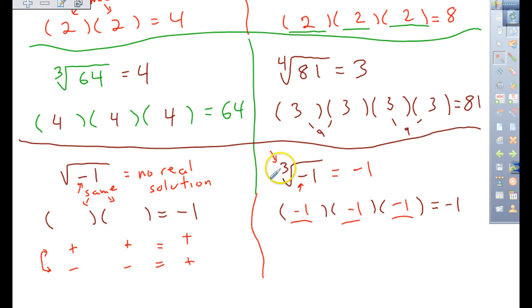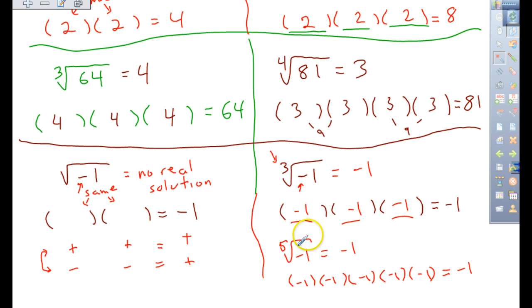If it's an odd root, anything with an odd root, you can have a negative inside the radical. So if it's the fifth root, you could do that as well. Like the fifth root of -1, that also equals -1: -1 times -1 times -1 times -1 times -1.